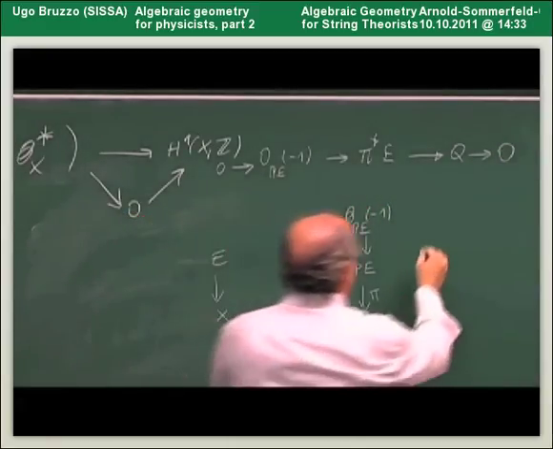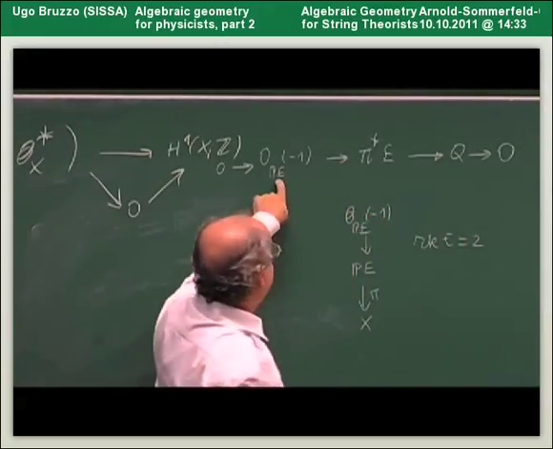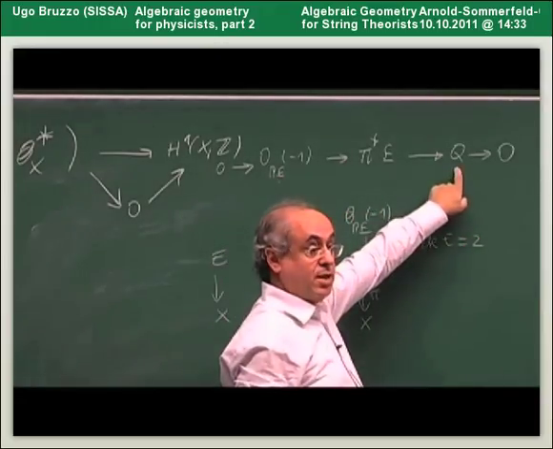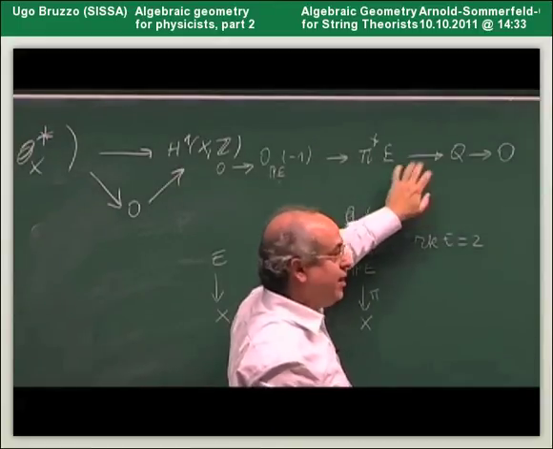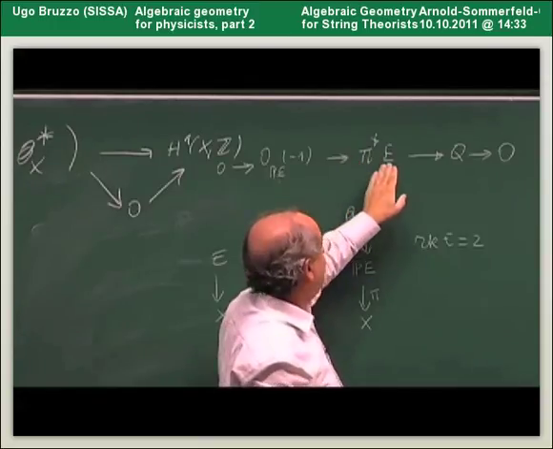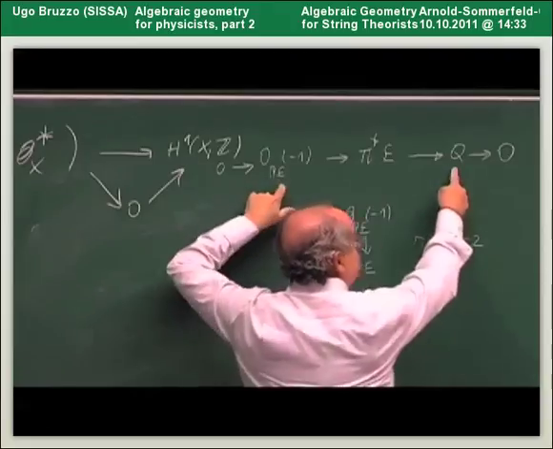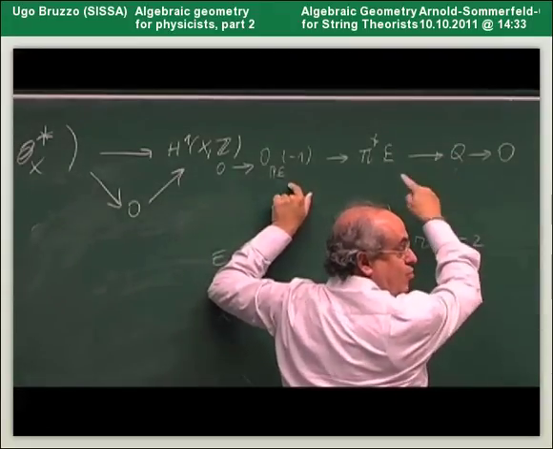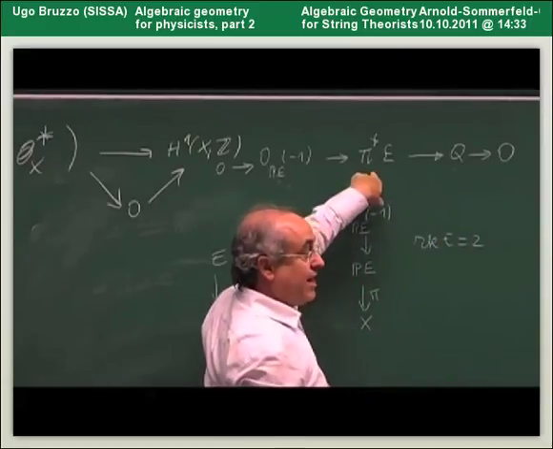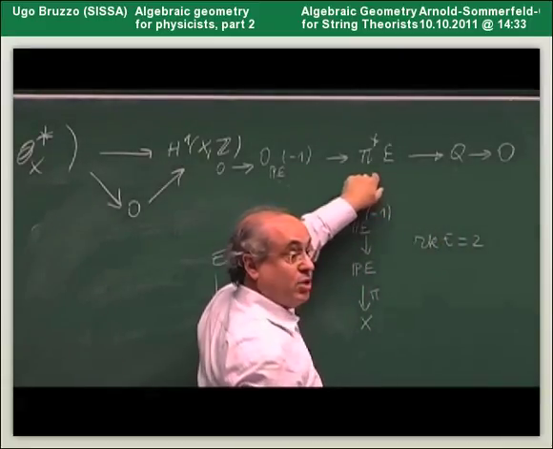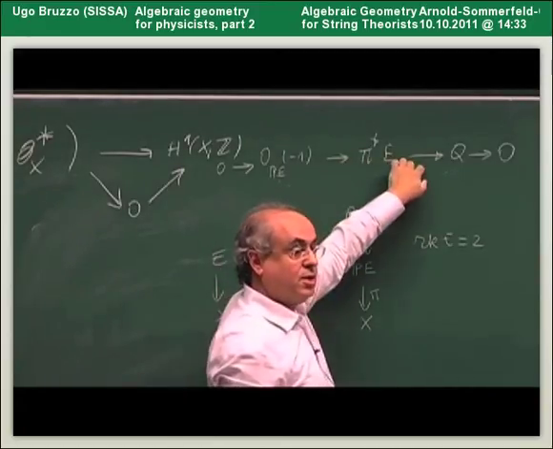Suppose that the rank of E is 2. Then this is a line bundle, and the quotient is a line bundle as well. And then, either in the holomorphic category you are happy like this, because the Chern classes behave as if this was the direct sum of these two. There is no need to split the sequence. Or you go to the C-infinity category where all sequences of vector bundles actually split, and then this splits as a sum of two line bundles.